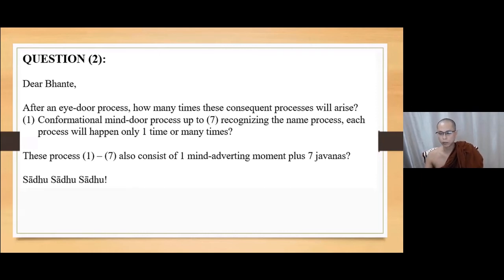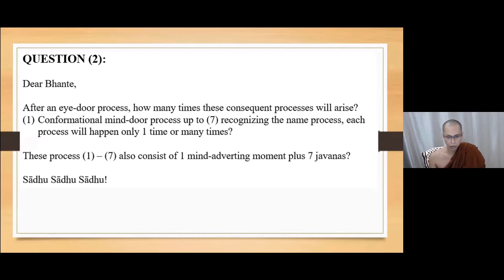But at that moment we don't recognize the object. We just see. Although we see many things in front of us within our range of seeing, we don't recognize them. At that time, the recognitional process did not arise, due to the absence of the recognitional process.